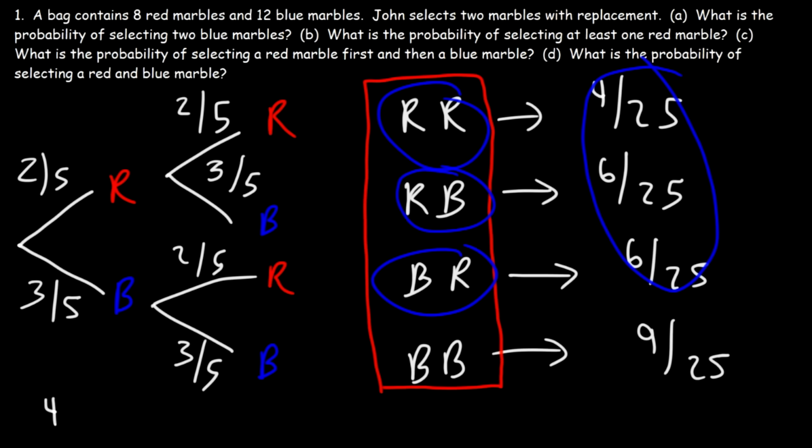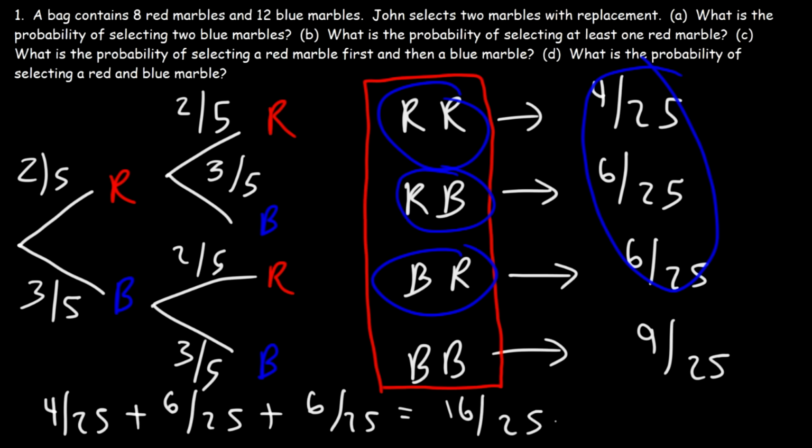So it's going to be 4 over 25 plus 6 over 25 plus another 6 over 25. And so that's going to be 16 over 25, which is 0.64 or 64%.